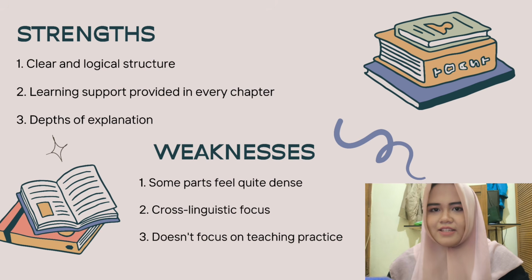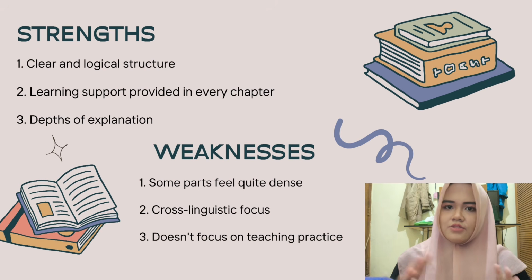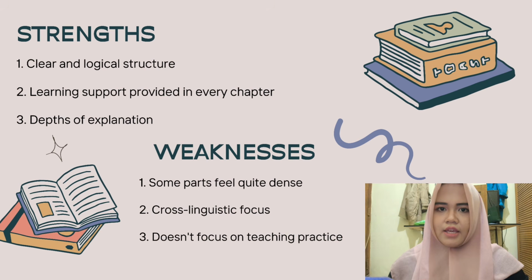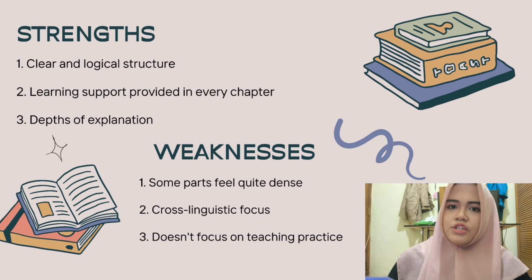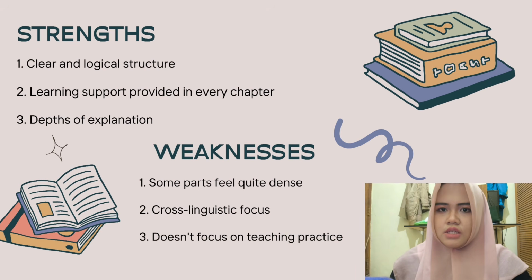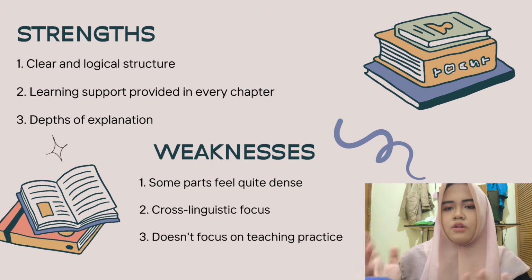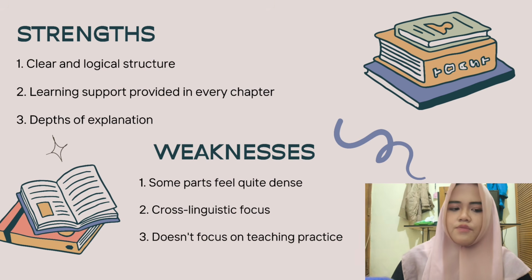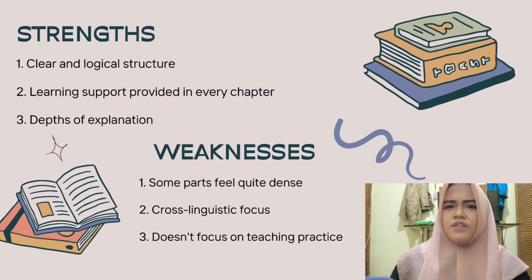So the first strength is its clear and logical structure. Each chapter flows in a very natural way. It starts from basic questions like what morphology is, and then moves into more complex topics such as morphemes, and then affixes, inflections, and beyond that. So nothing feels sudden or out of place.